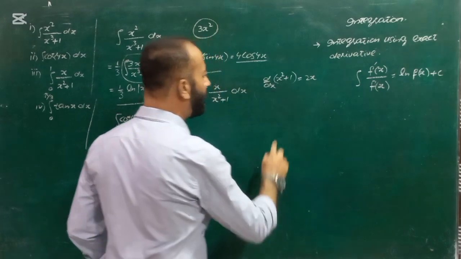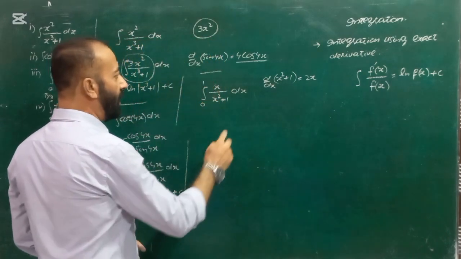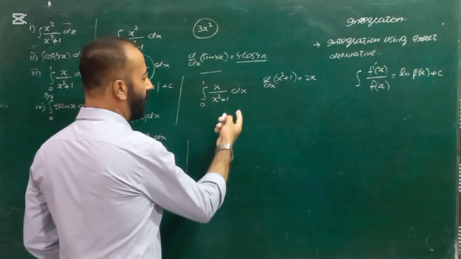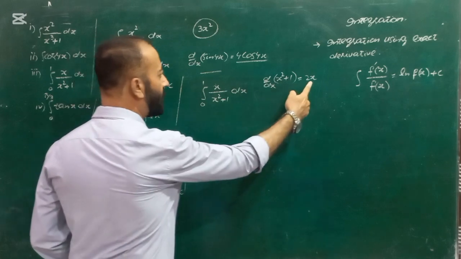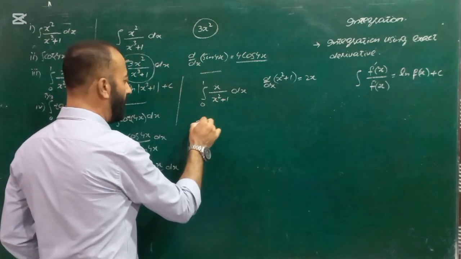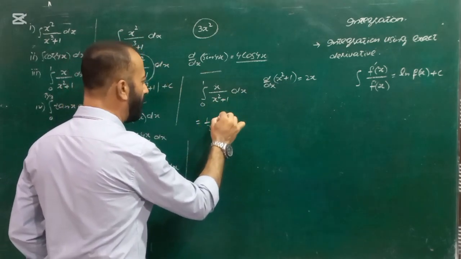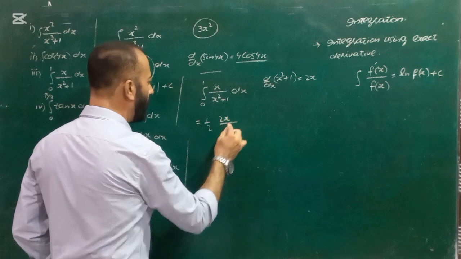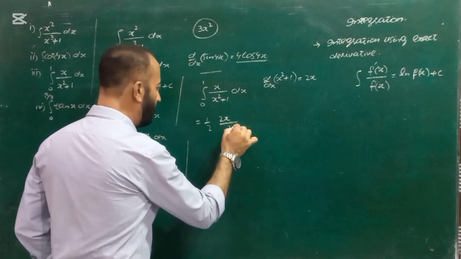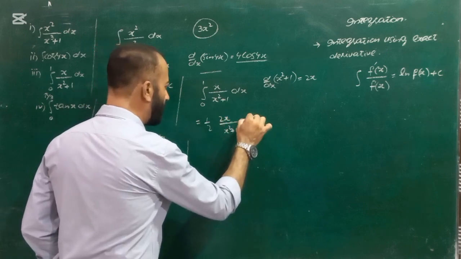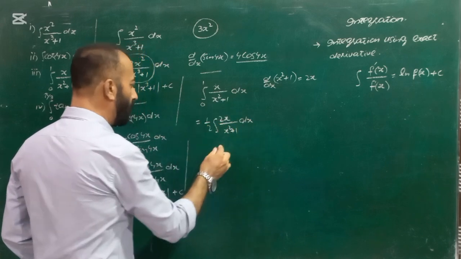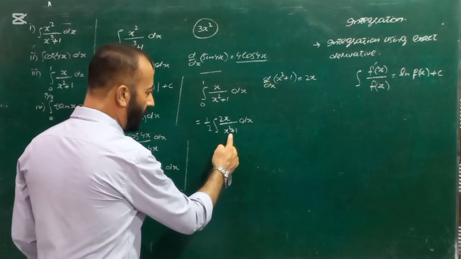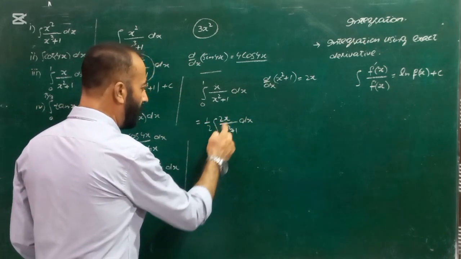So if we make 2x in the numerator, then the answer will be natural log of x squared plus 1. Only 2 is missing in the numerator. So in the next step, we multiply and divide with 2 the full function. So it will become this. So look now, the differential of the denominator is given in the numerator.